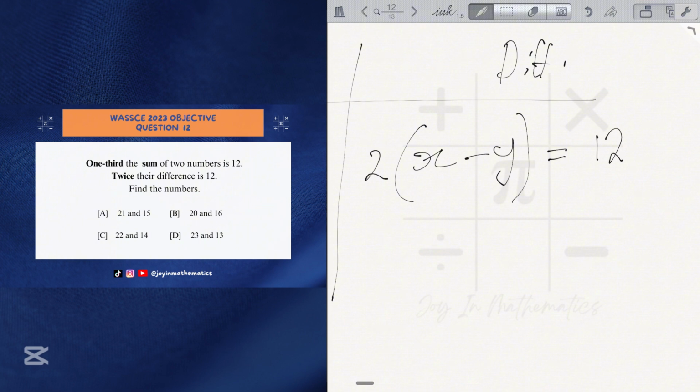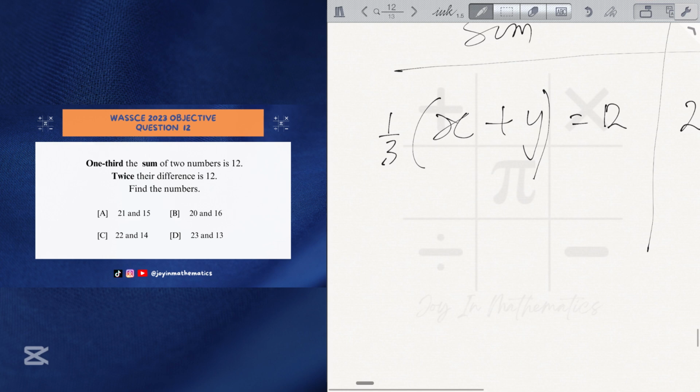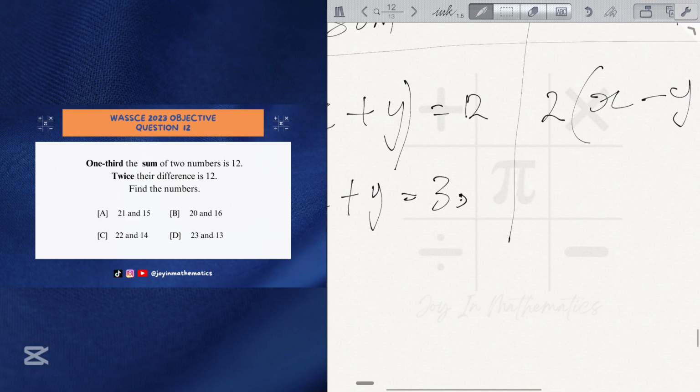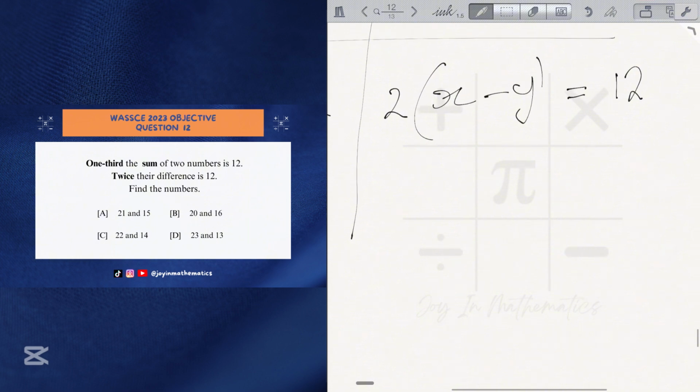So if you go back to the sum expression, we can simplify this where we multiply both sides by 3, and this will give us x plus y is equal to 36. And in the difference section, we divide both sides by 2, we have x minus y equal to 6.